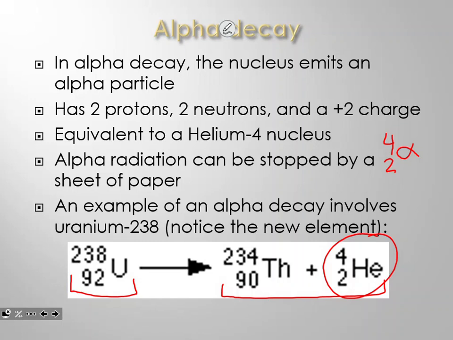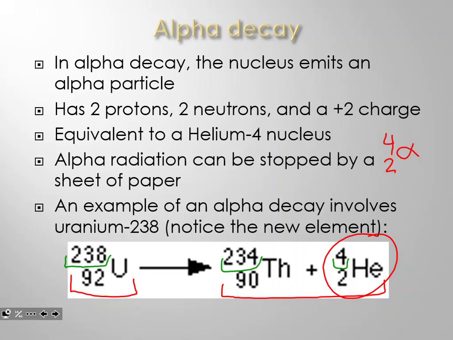What you should notice about both sides of the arrow here, because matter is not created or destroyed, it is just simply changed, is if we start with a mass of 238 over here, then the mass over here that gets released should also equal 238. They can be in separate forms, but 234 plus 4 is 238. So those numbers should add up on either side of the equation.